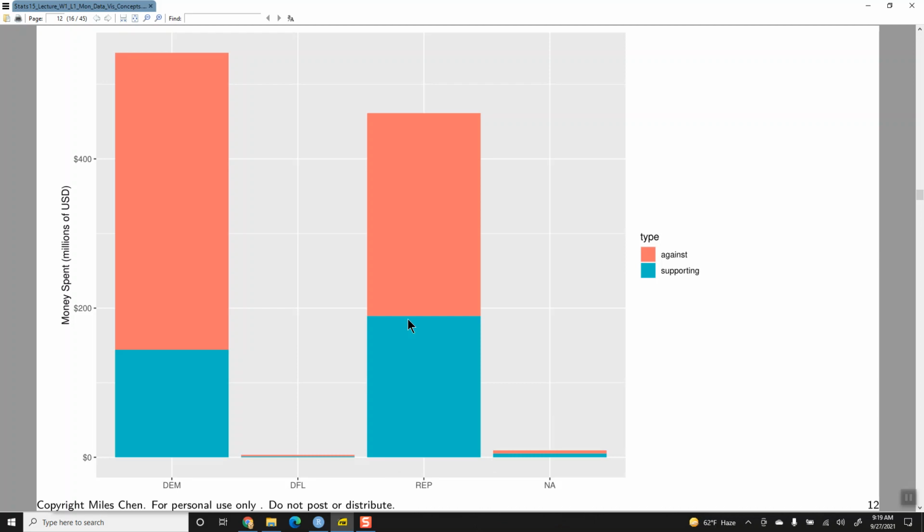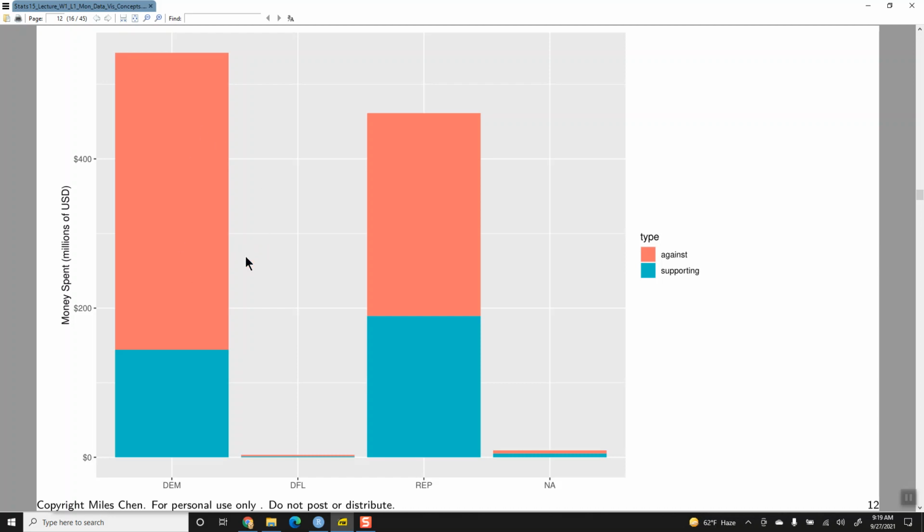And it's weird that the money given to Republican PACs can be spent either supporting Republican candidates or against Democratic ones. And again, money given to Democratic candidates and Democratic PACs can be spent supporting Democratic candidates or against Republican ones.